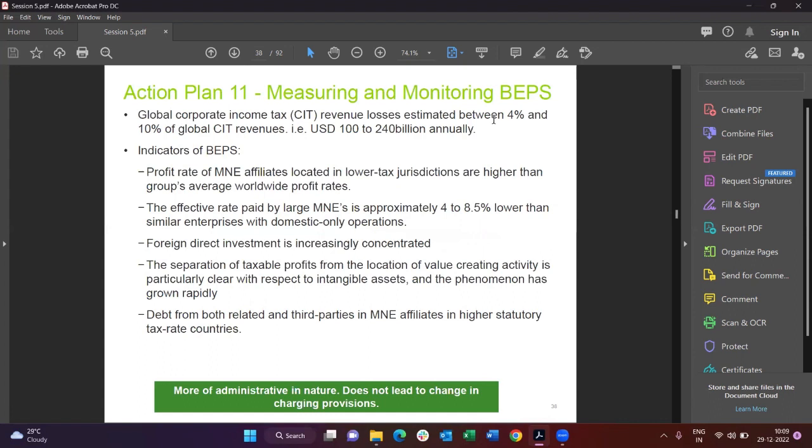Because before BEPS, the MNEs were engaging in tax planning and avoiding taxes, which was estimated between 4 to 10% of global CIT revenues. So to counter this, BEPS has been taken out, and one of the purposes of Action Plan 11 was to monitor. The OECD had recommended some tools to monitor the effectiveness of BEPS in the country.